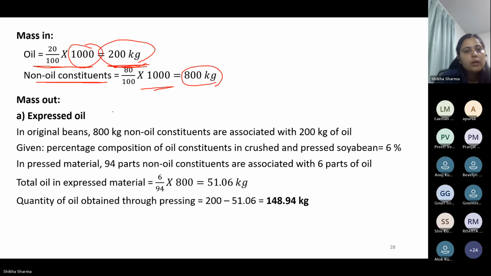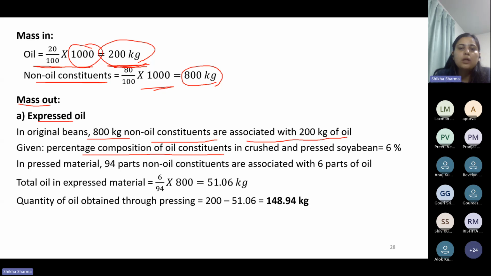Now let's see what we are getting on the output side. When we do the crushing and pressing, which is the mechanical pressing operation, we have in the original beans around 800 kg of non-oil constituents and 200 kg of oil. It is given in the question that the percentage composition of oil in the crushed and pressed soybean is 6%.